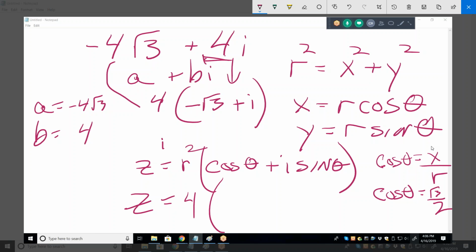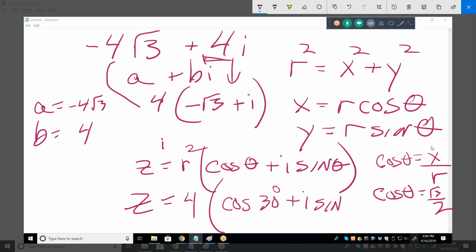So what's cosine of theta? Hold on. What's theta in this case? Theta in this case is going to be 30, because you have the root 3 on the x-axis.